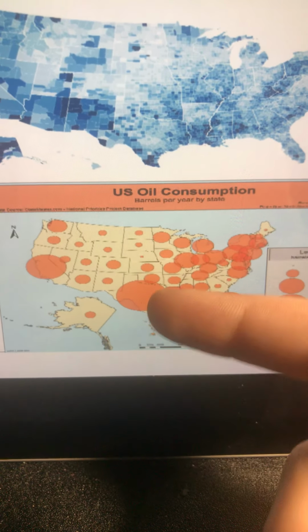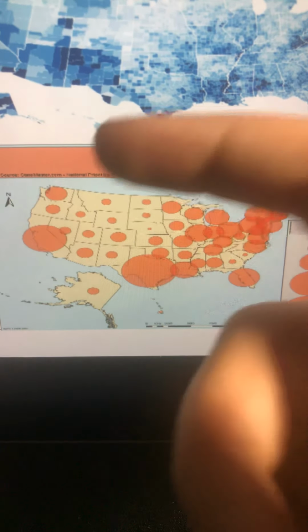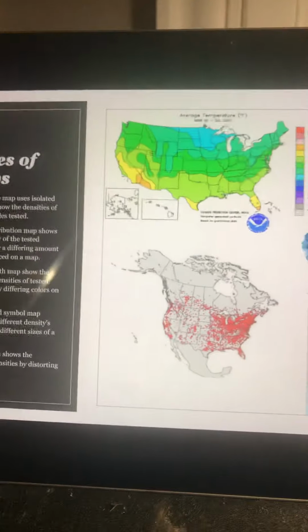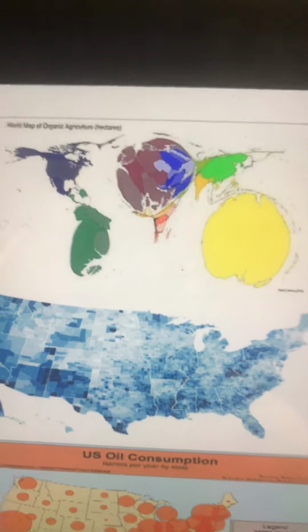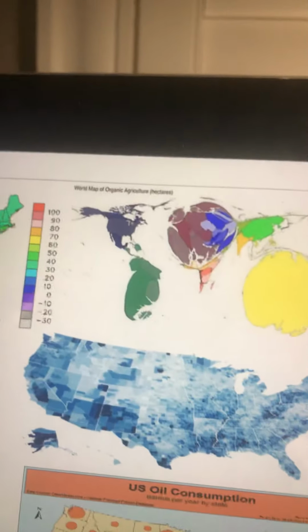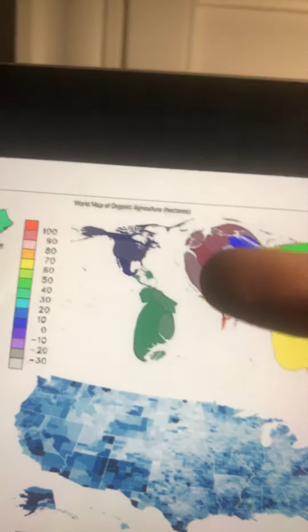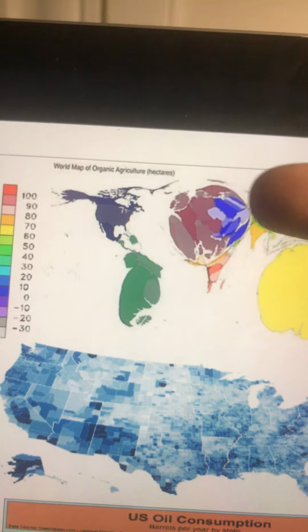Like this is U.S. oil consumption. Texas uses way more oil than Wisconsin. Our final map is going to be the cartogram, which uses distortion to tell you the statistics. This one is for organic agriculture.